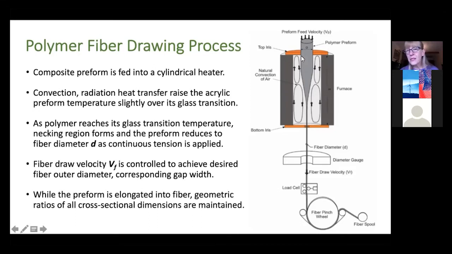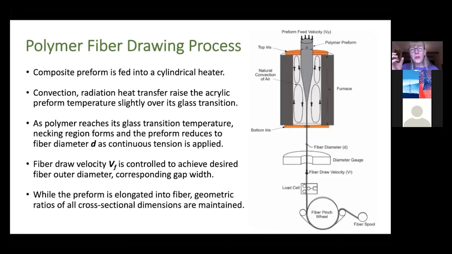But because of this seal at the top, O-ring seal, there is not upward gas movement. So in this case, it's natural convection of air and radiation transfer that raise the temperature of the polymer above glass transition. You really don't want it that far above glass transition, just a bit.